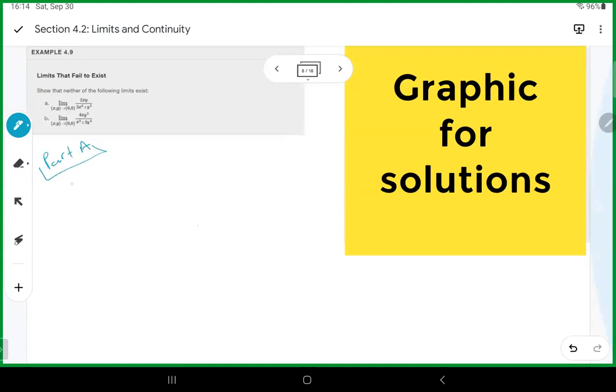We're looking at the limit as (x,y) goes to (0,0) of 2xy over 3x squared plus y squared.